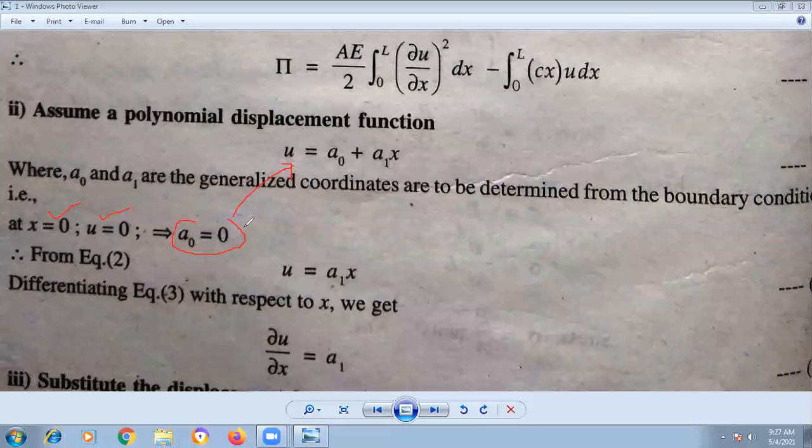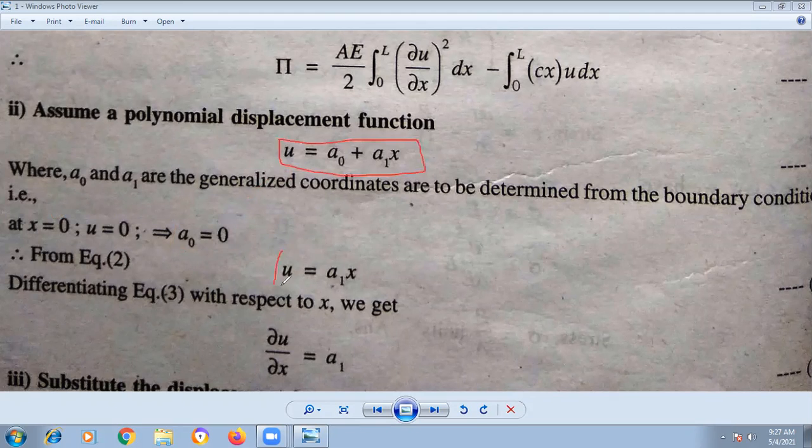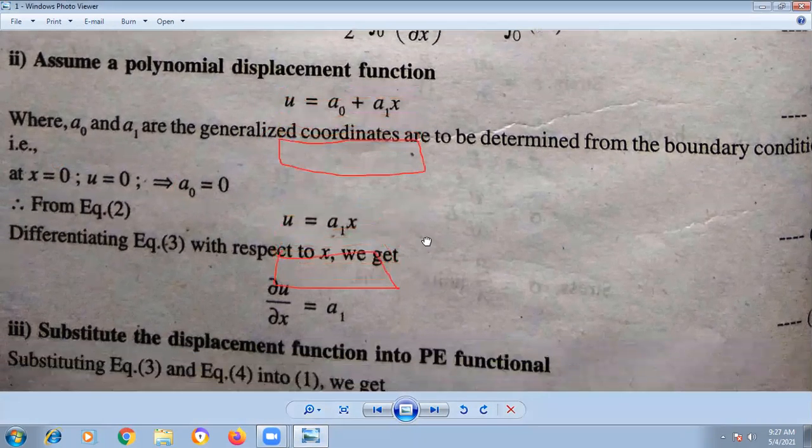This is one thing we understand, but you have to substitute and find out. Then now our equation is u equal to A1x, and we are interested in finding the Rayleigh Ritz parameter A1. Now, differentiating the above equation partially with respect to x, we get dou u by dou x equal to A1.